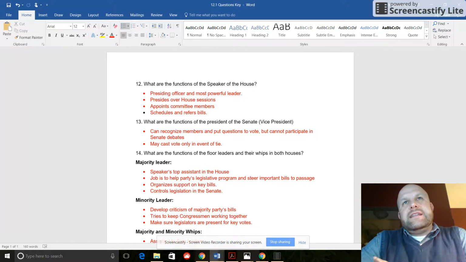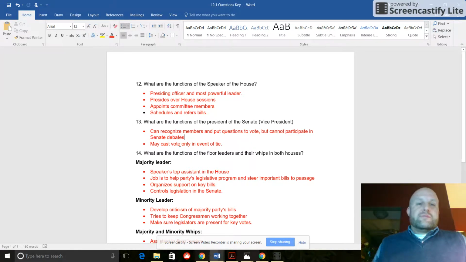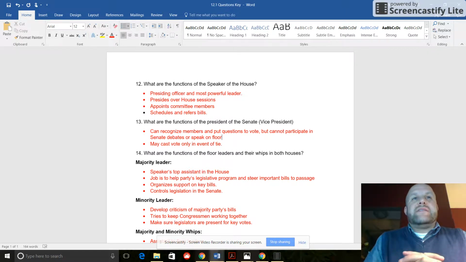By the Constitution, the vice president is actually the quote-unquote president of the Senate as well, a dual function, but mostly it's ceremonial or functional, as outlined in the Constitution. He can recognize members and put questions to a vote, but cannot participate in Senate debates or speak on the floor in debates, and may only cast a vote in the event of a tie.